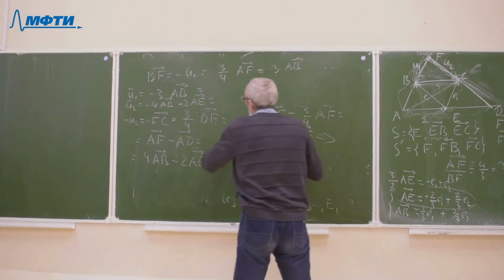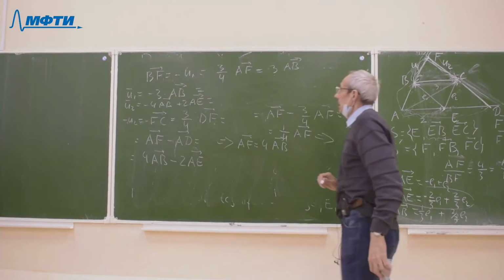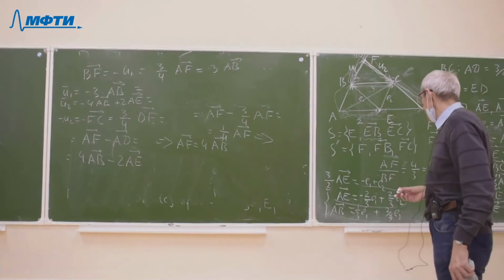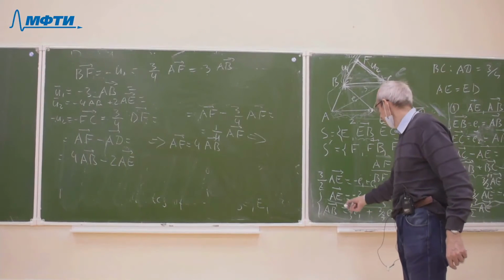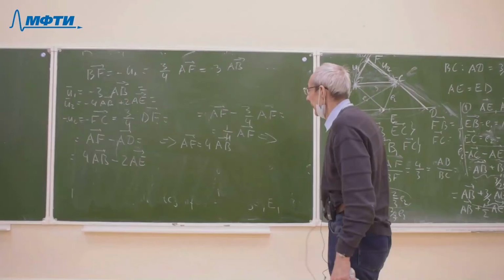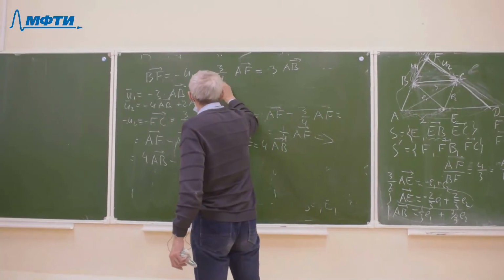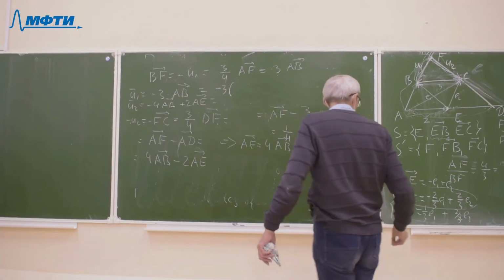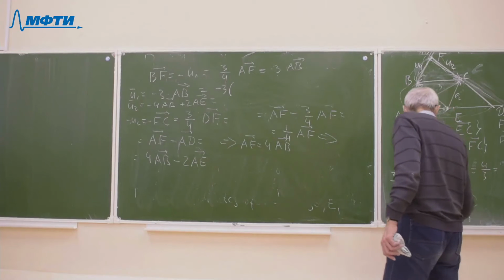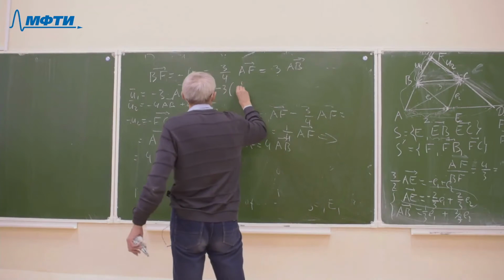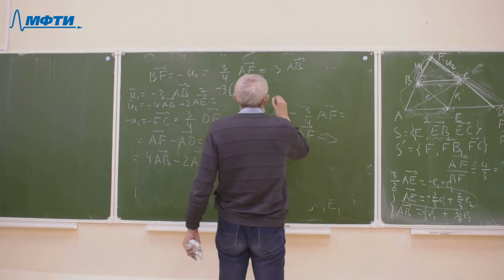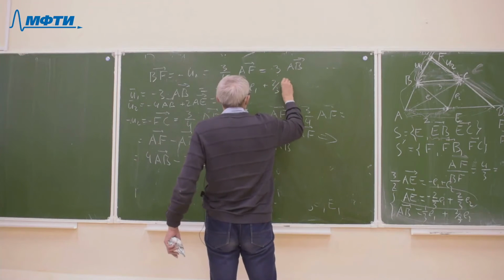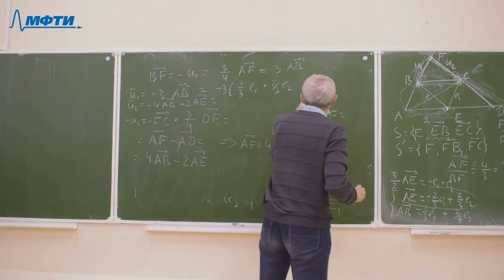And after substitution, we easily obtain the following equality: minus 3 AB, 1/3 E1 plus 2/3 E2.